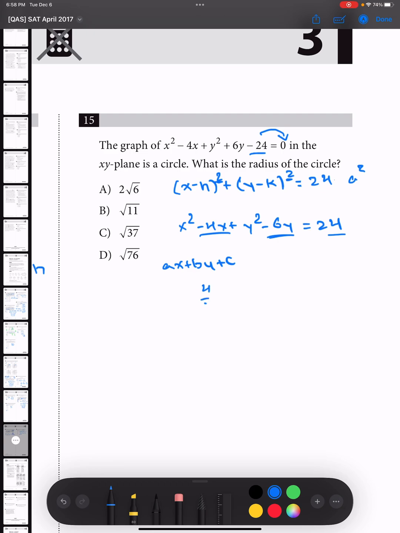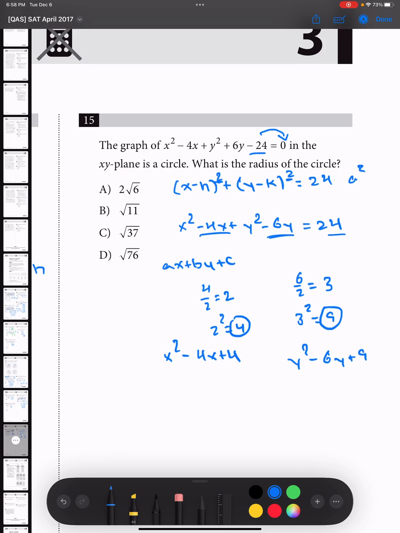I see 4 by 2 is equal to 2, and 2 squared is equal to 4, which means x squared minus 4x plus 4. And then we have 6 by 2, which is equal to 3, and 3 squared is equal to 9. So y squared plus 6y plus 9. So we have both of those equations.